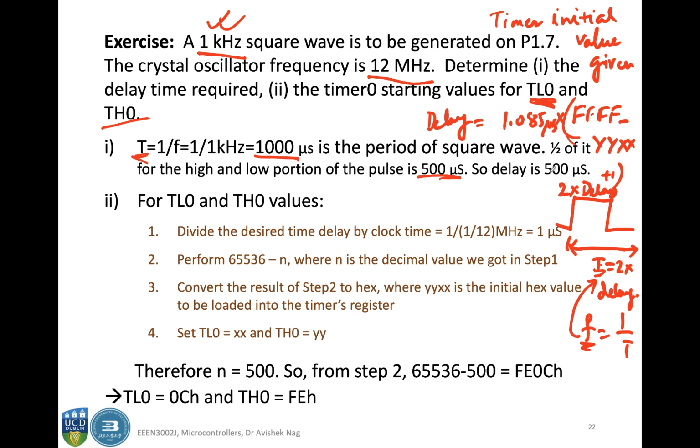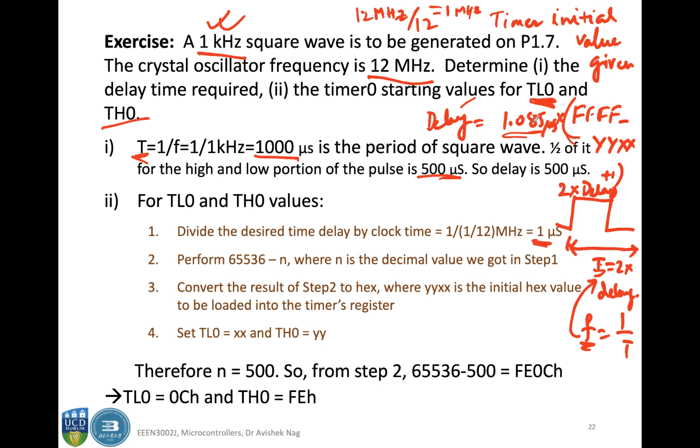So now you have to make 500 microseconds here, and let's see what the machine cycle is. In this case, the machine cycle is the crystal oscillator frequency, 12 megahertz, divided by 12, so you have 1 megahertz as your timer frequency. Working this backwards, you have 1 microsecond as your machine cycle.